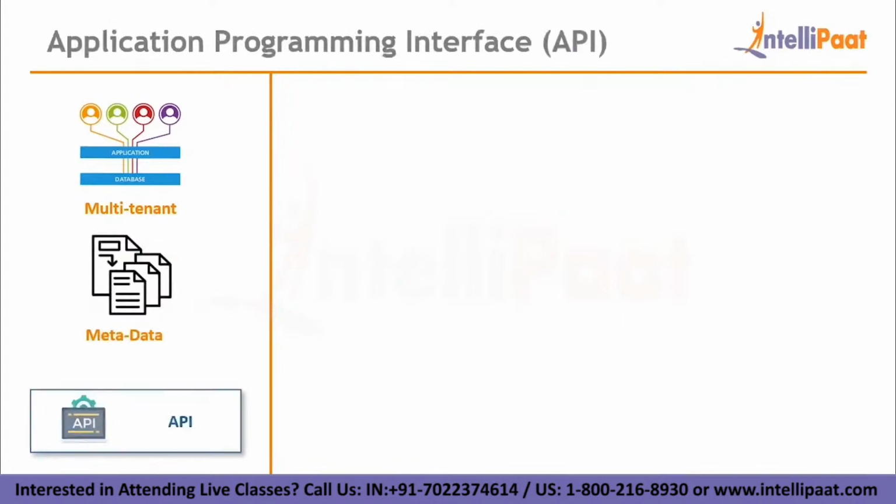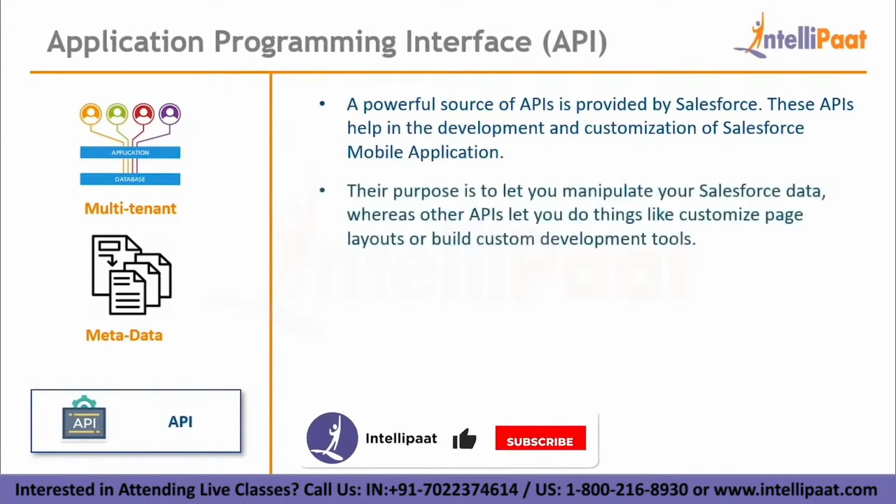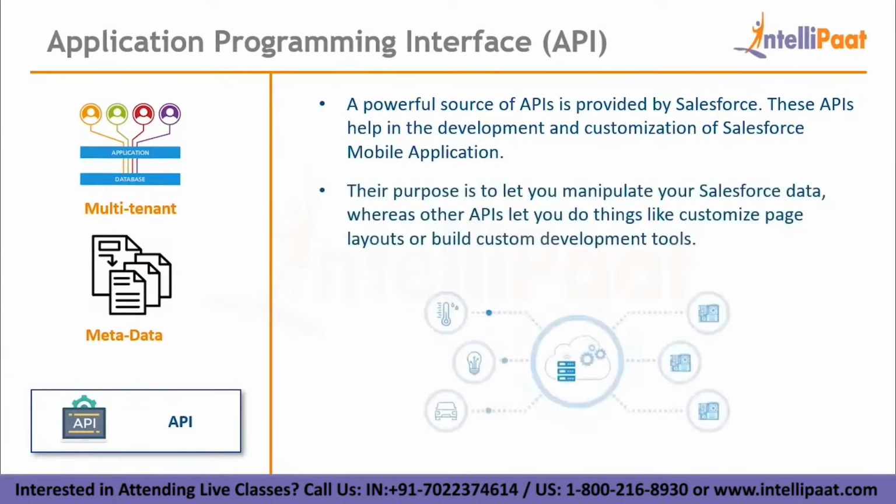But if we talk about APIs, Salesforce provides a powerful source of APIs. These APIs help in the development and customization of the Salesforce mobile application. Their purpose is to let you manipulate your Salesforce data, whereas other APIs let you do things like customize page layouts or build custom development tools. Putting it simply, an API is a way for a client to be able to interact with the server and exchange the data.